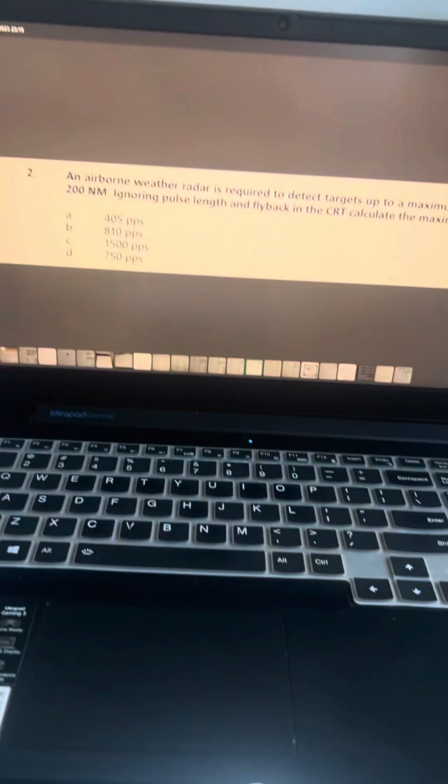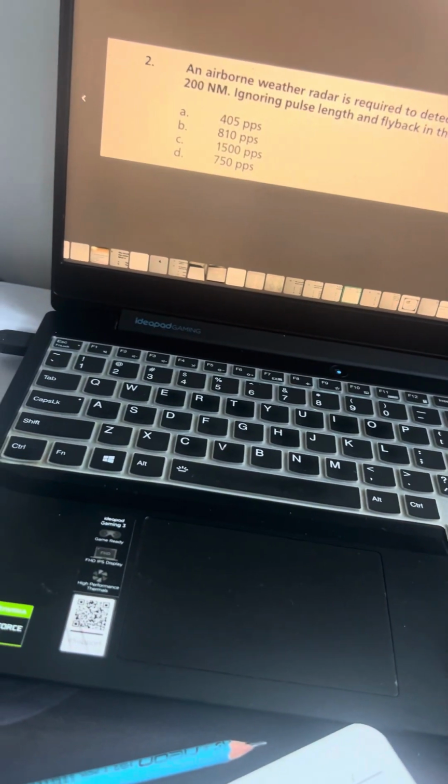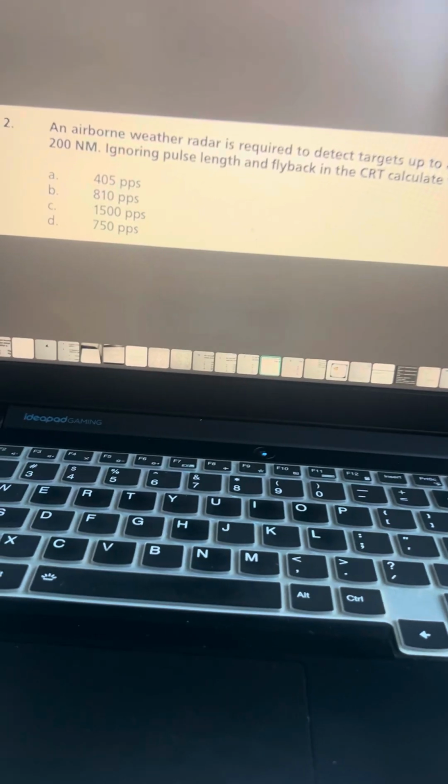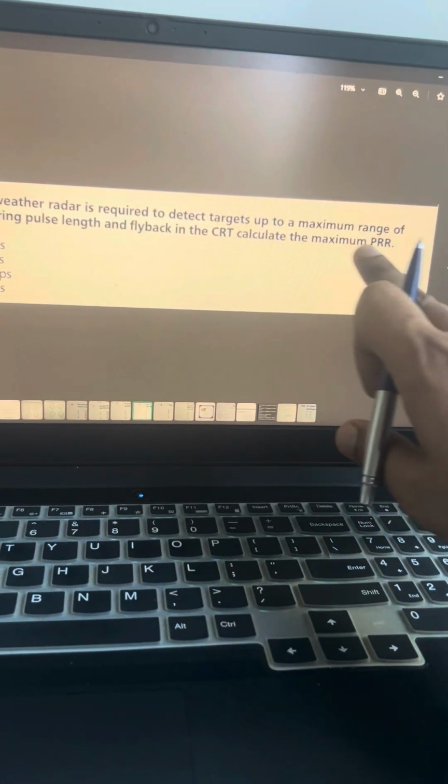Now if I have to do this question where my range is equal to 200 nautical miles, this is my range. Remember, my D will be double the range. Why D? Because now they are asking to calculate the maximum PRR.